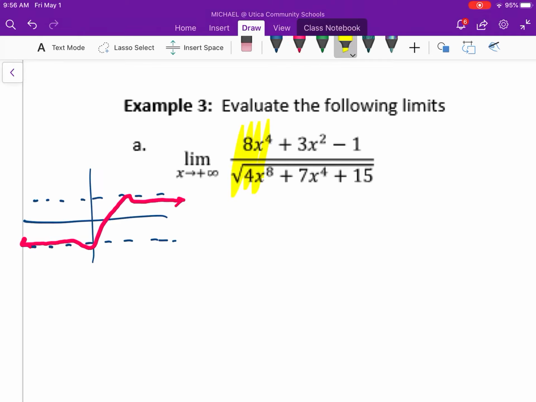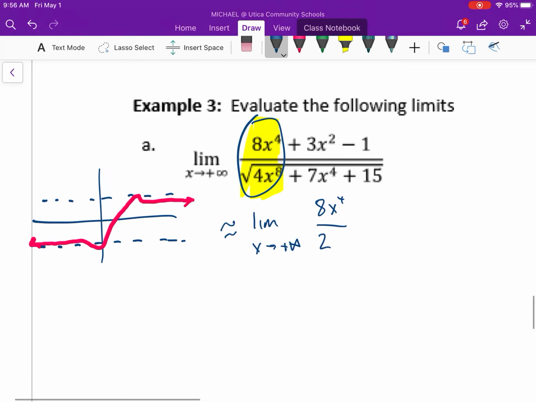So what we're going to do is look at, again, only the leading coefficients, just like in the beginning. We're going to say that this limit is very similar to the limit as x approaches positive infinity, and we're only going to look at these two. So 8x to the 4th, and we're going to take the square root of this.